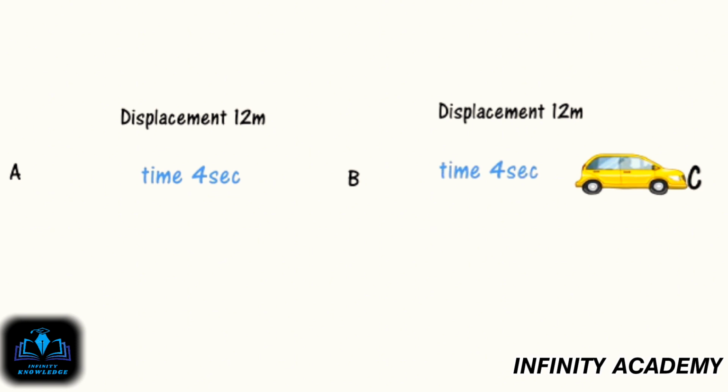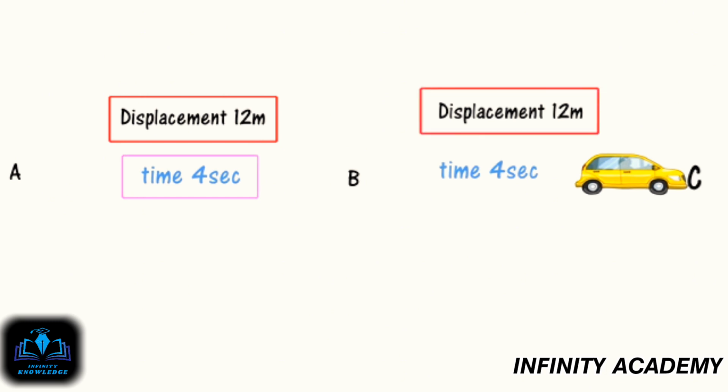Now here the displacement of the car from point A to point B is 12 meters, and the time taken is 4 seconds. Similarly, the displacement of the car from point B to point C is 12 meters, and the time taken is 4 seconds.